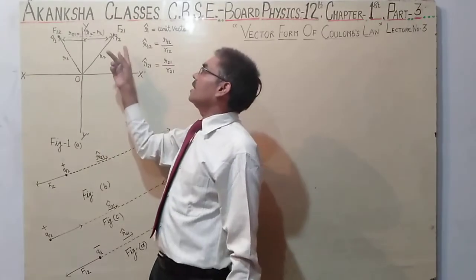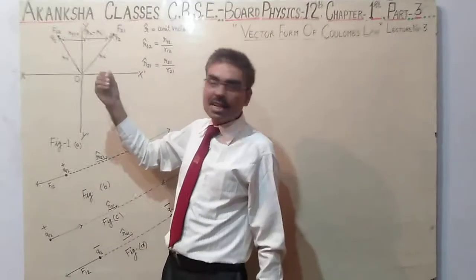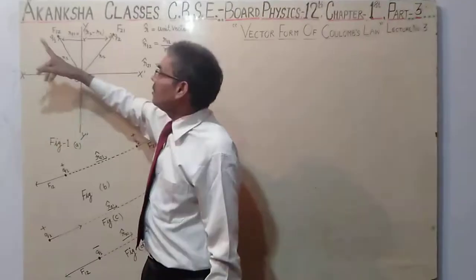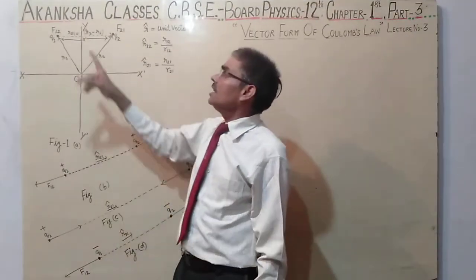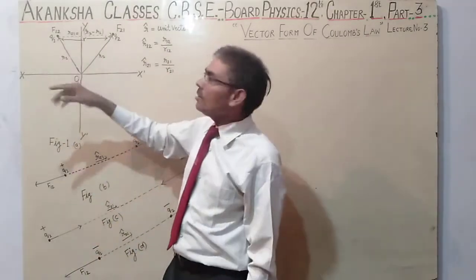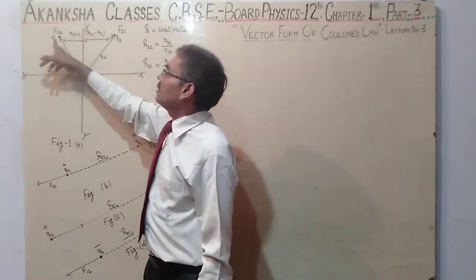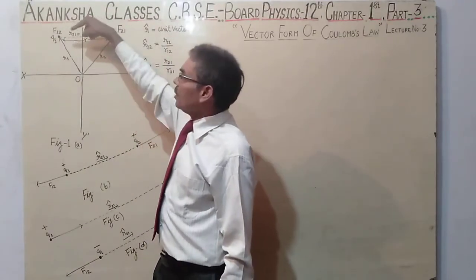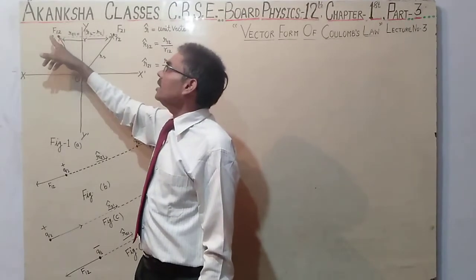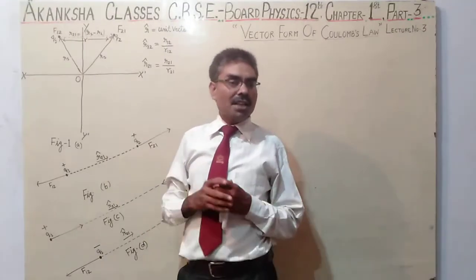This means the force is sent by charge 2 and acts on charge 1. Then the force acting on charge 1 due to charge 2 is written as force on charge 1 due to charge 2. I think the concept is clear.